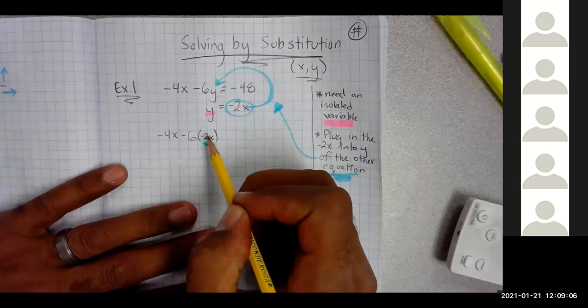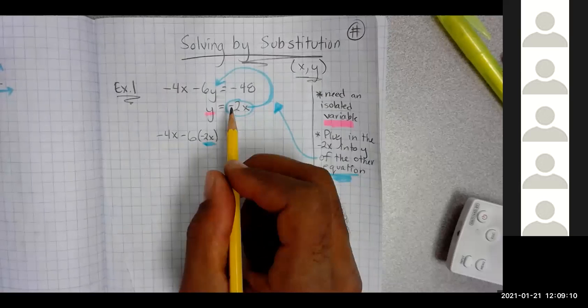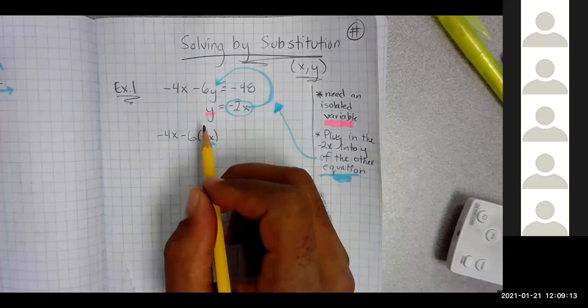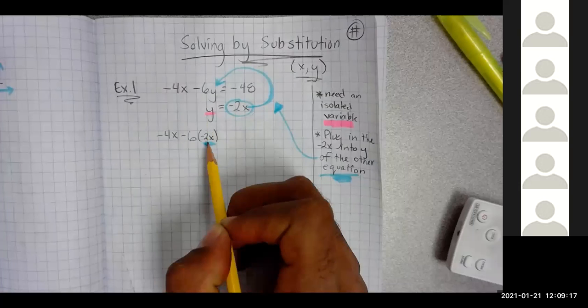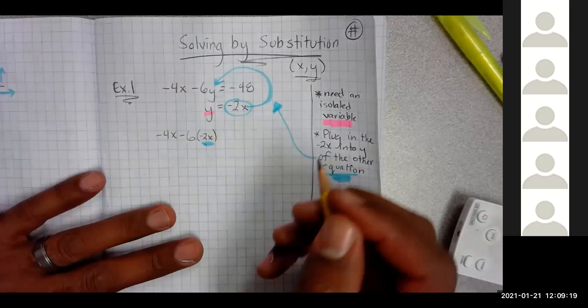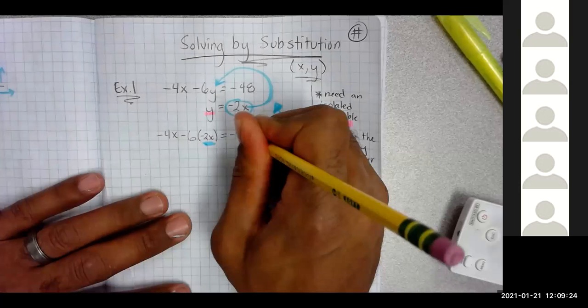And here's the challenging thing too: pay attention to your negatives. If that's negative, make sure you write that negative, because sometimes our brains trick us, and you already see a negative here, so you forget about it. Make sure you're writing those signs in. And then we want to set that equal to the rest of it, so negative 48.